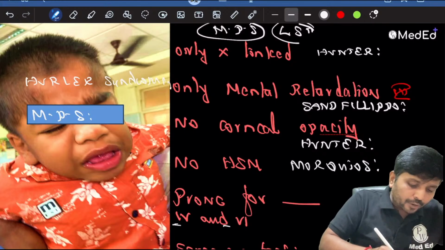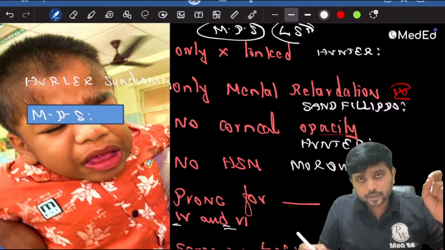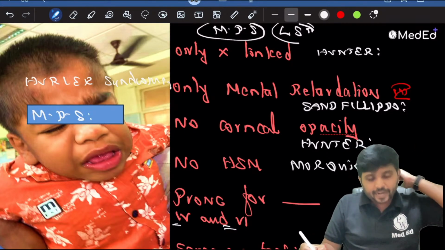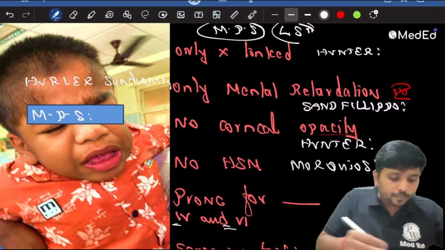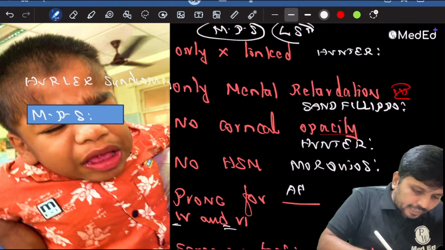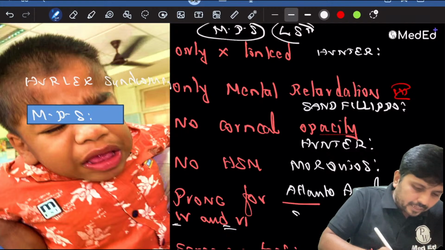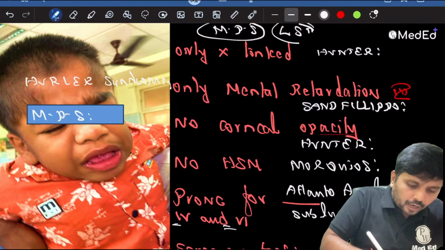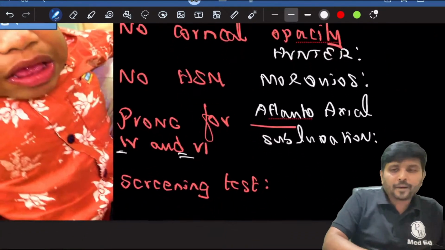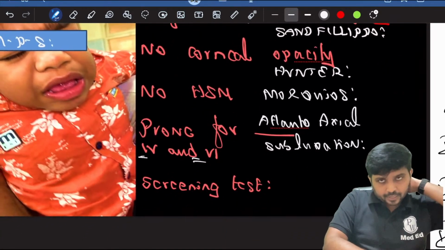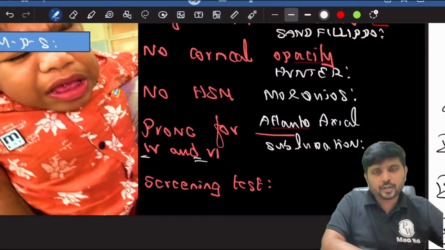Remember, as I told you already, type 4 and type 6 have spine abnormalities. So they are prone for atlantoaxial subluxation. So before allowing the child to play, you need to assess whether it is prone for subluxation or not.